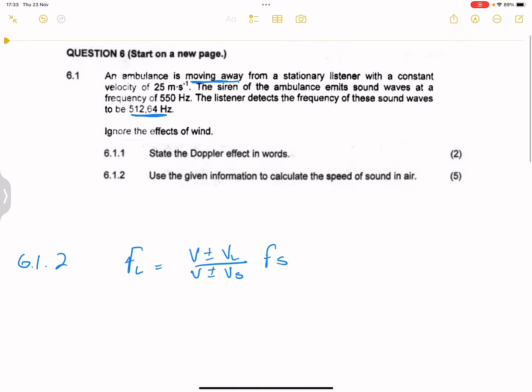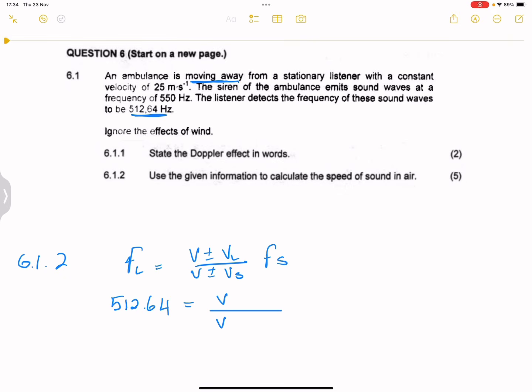We know the frequency of the listener was given to us as 512.64. V would be the speed of sound, so that is going to be V. The velocity of the listener, they said it's a stationary listener, so we know that v_L is 0.